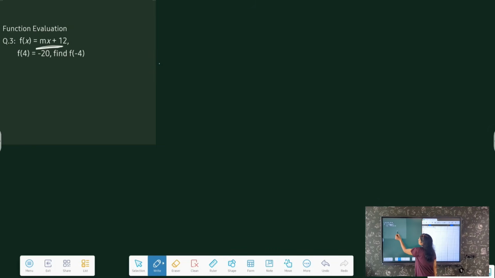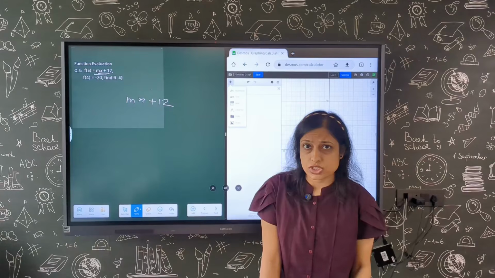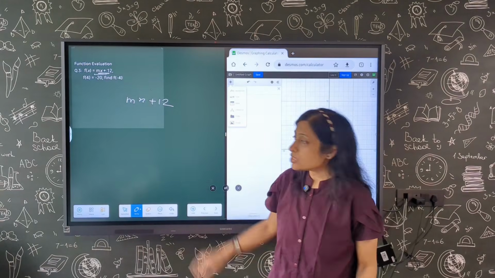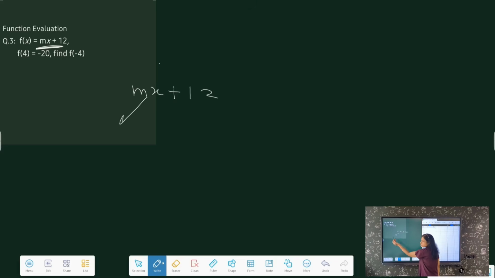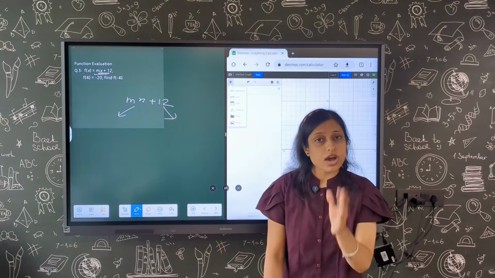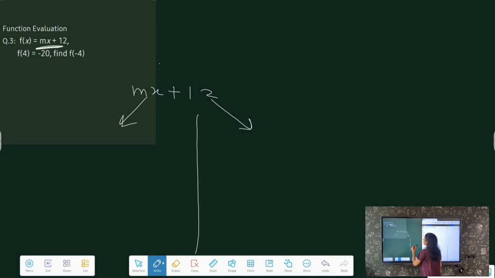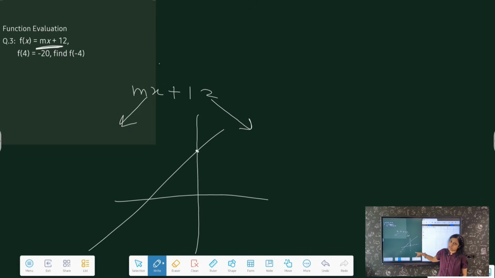The moment you see mx plus 12, basically this is a slope-intercept equation. And what is the slope-intercept equation? This is our slope, the x coefficient, and this is our y-intercept. Now what is the y-intercept? Basically, the y-intercept is the point where the line is intersecting the y-axis.